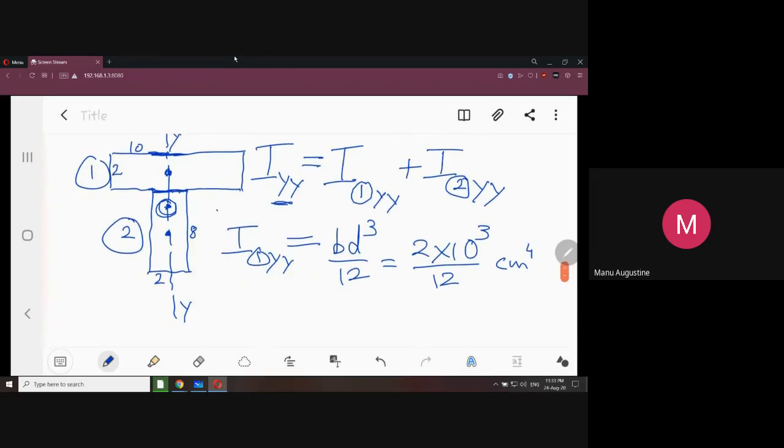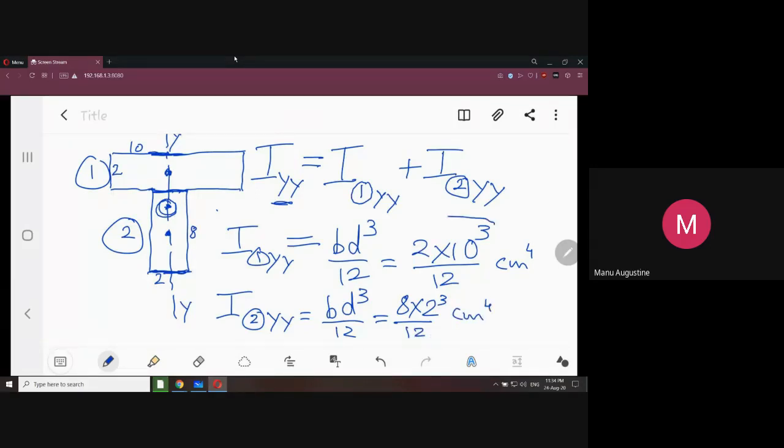And similarly, I2yy will be equal to, again we apply the same formula, bd cubed by 12 for the centroidal axis. In this case the axis is cutting the side with 2 centimeter length, so 2 is going to be cubed here. So this will be 8 multiplied by 2 cubed by 12 centimeter raised to power 4.